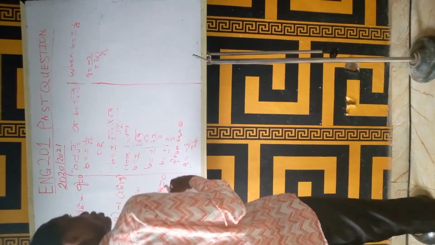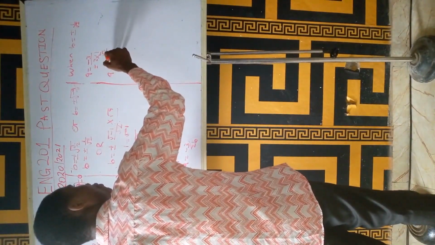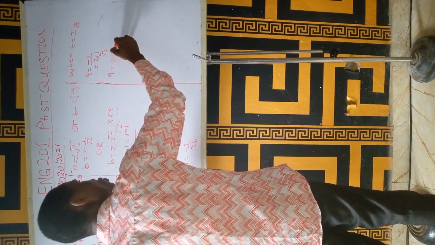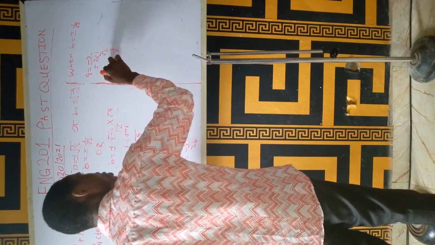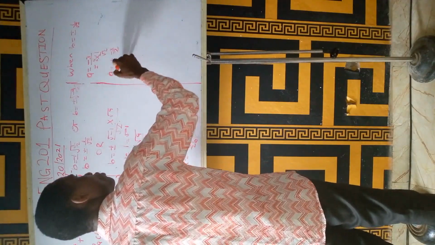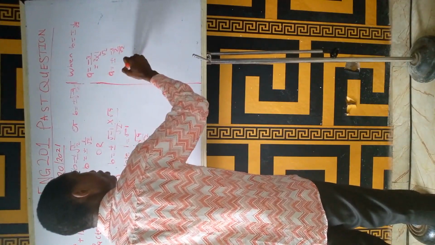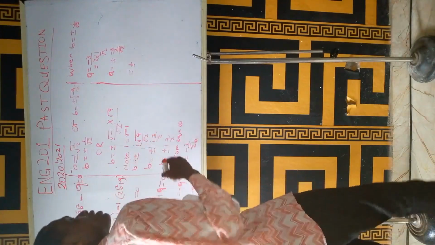You are going to have something like this. A equals plus or minus 3 over 2 root 3 over 2. A equals, this a is not mine. A equals minus 3 over root 2. You can just put this plus or minus outside there.